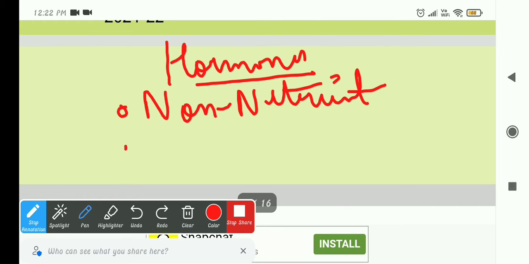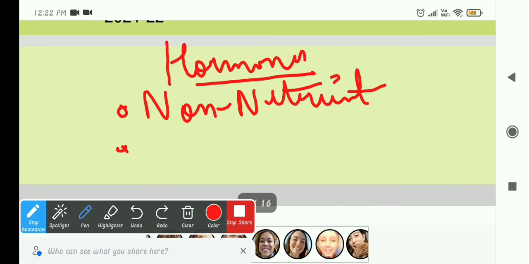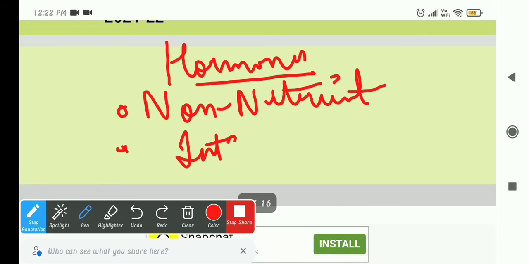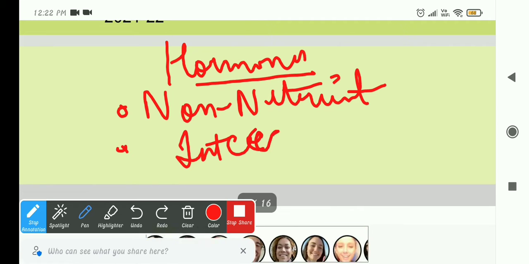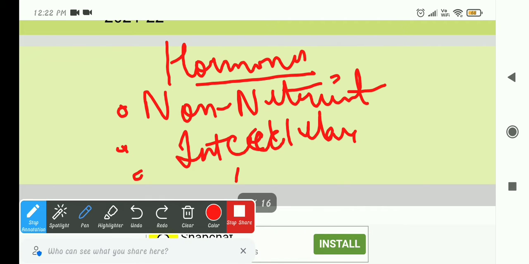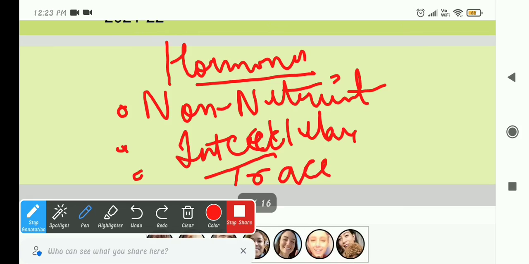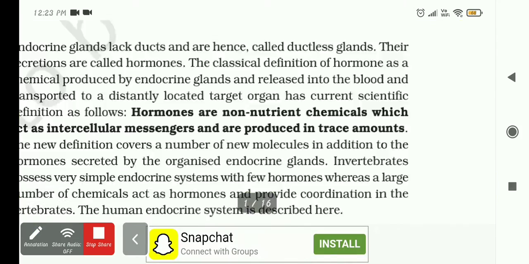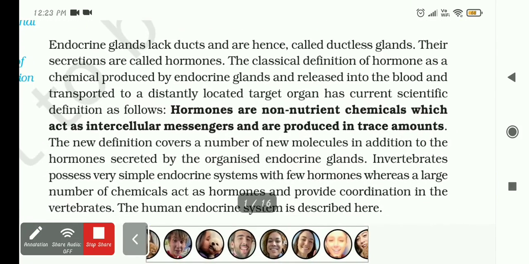They act as intercellular messengers, and they are produced in trace amounts. So this is the classical definition we have of hormone.